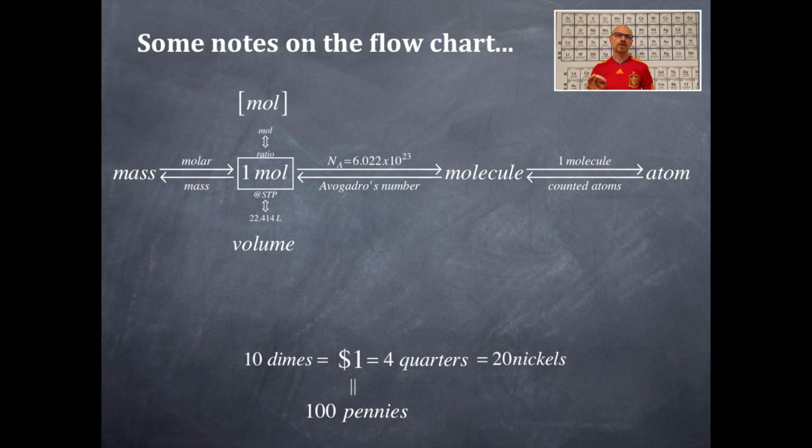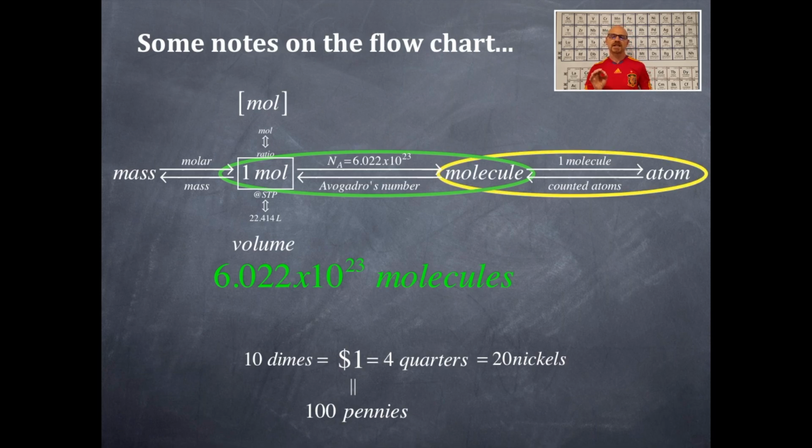I'm going to highlight 2 specific areas that students also have problems with. What is the value in front of the mole when you are in this green section? The value for the mole is a 1. What's the value for the molecules? It's Avogadro's number. So it's 1 mole and Avogadro's number. Then when you are in this yellow section, what's the number in front of the molecule?